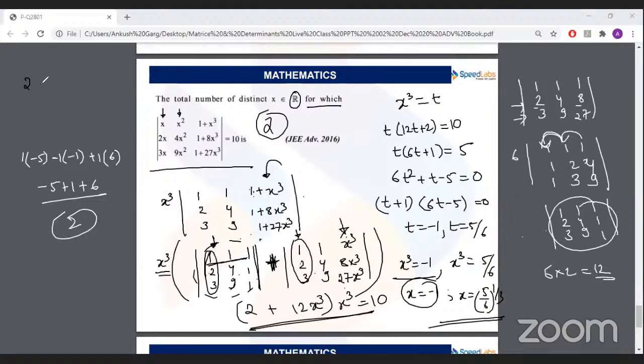The same goes for multiplication of a scalar also. In a matrix, if you multiply a scalar, it gets multiplied with all the elements. But if you multiply a scalar with a determinant, you either have to multiply with a row or a column, any column or row. So this property is also there that you can add elements of any one particular row or column when you are adding two determinants. That's up to you. So here we are using that particular property.